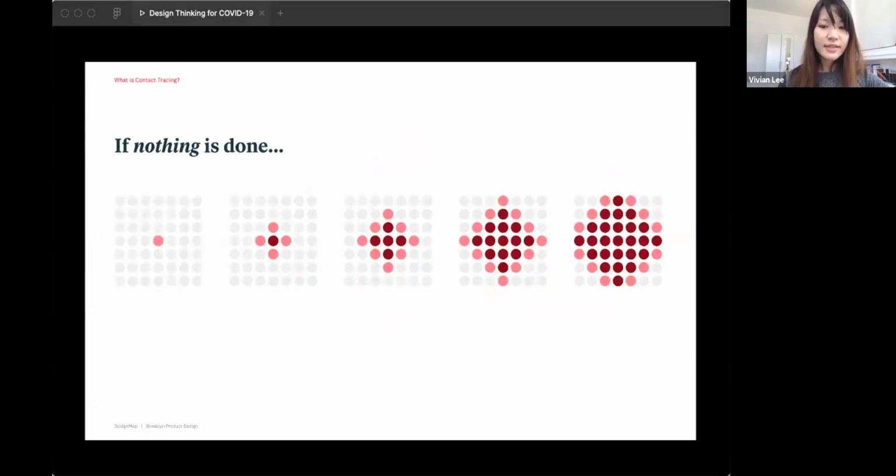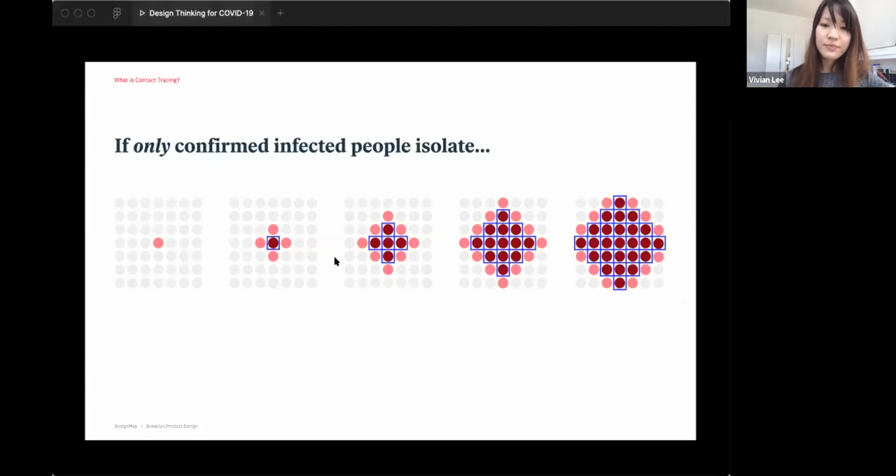If nothing is done, here is what happens to a neighborhood with patient 0, who is an infected individual not displaying any symptoms. In this very simplified model, patient 0 infects 4 other people, and then those 4 other people infect 8 others, and so on and so forth. The actual numbers would likely be much higher because these individuals are moving around the city, infecting people as they go, instead of staying in this neat configuration.